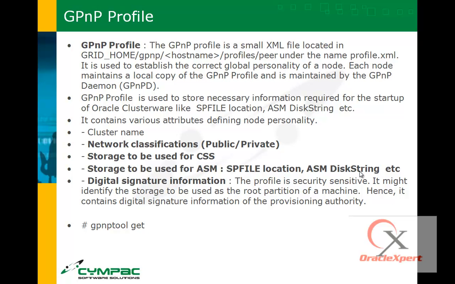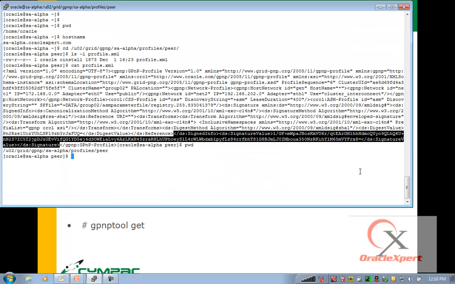The profile is security sensitive. It might identify the storage to be used as a root partition of a machine. Hence, it contains digital signature information of the provisioning authority. Now, consider the case that anybody would have been free to edit it.